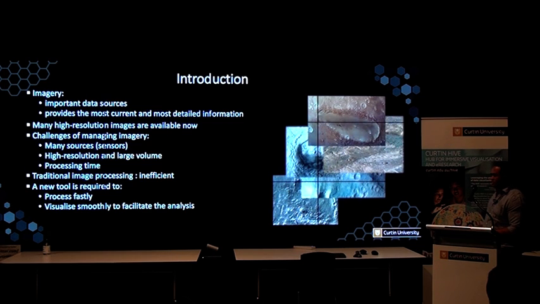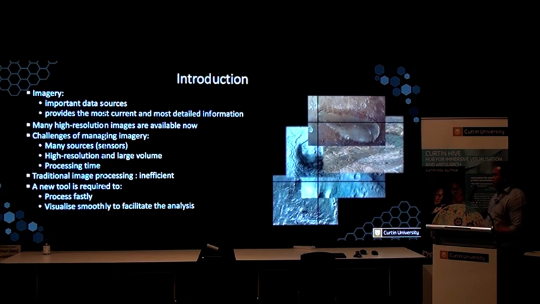So there are challenges in managing those data sets because they come from multiple sensors, they are high resolution, and they are large in volume too. And also, they require a long processing time.